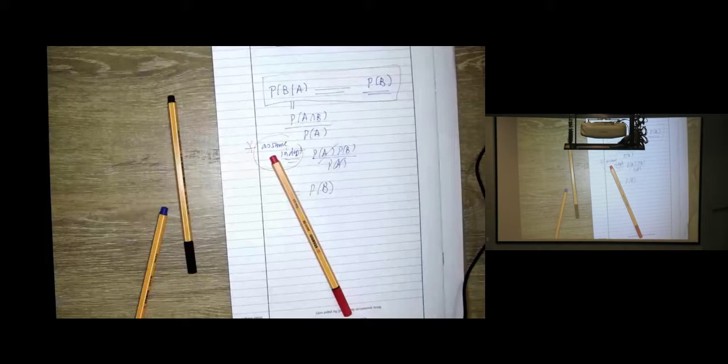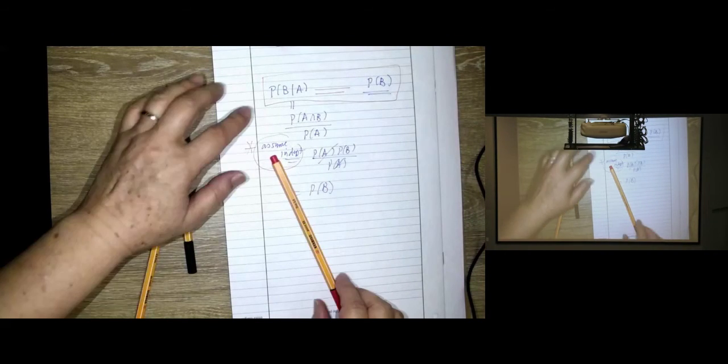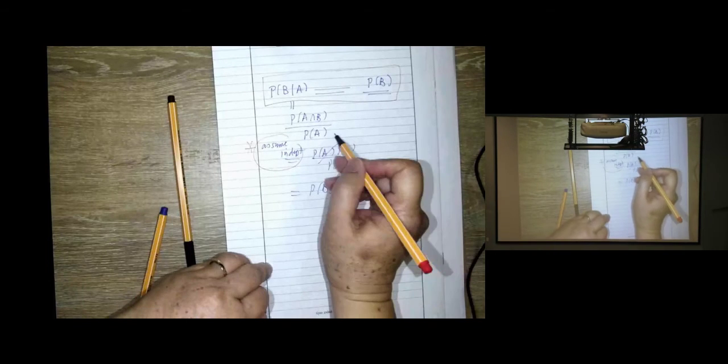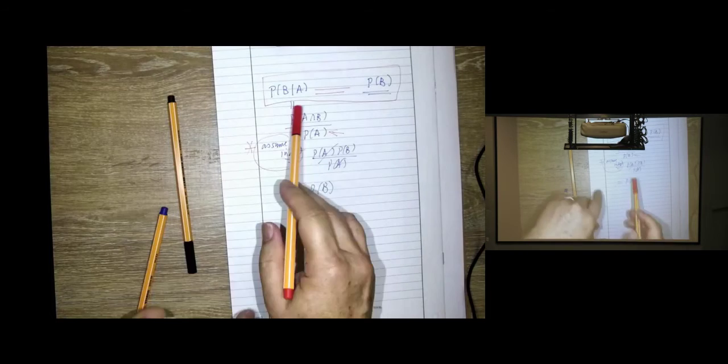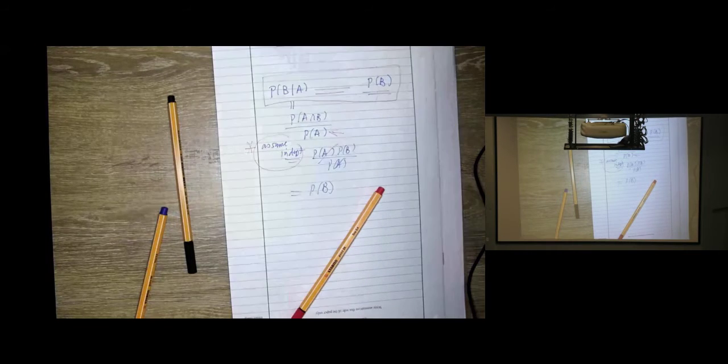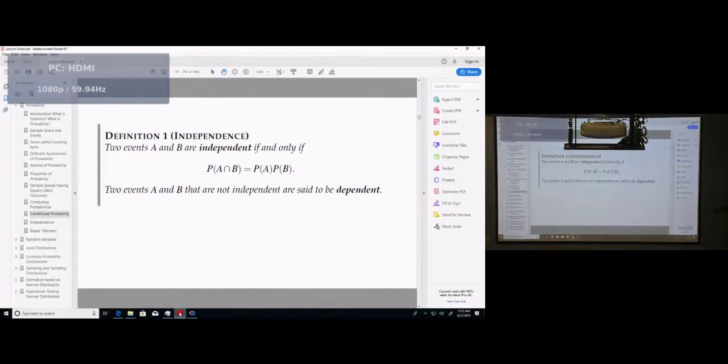Knowing whether A has happened or not has nothing to do with the way you assess the probability of B. Now, of course, this interpretation has a drawback, because here I have to assume the probability of A is positive in order to understand this. But the definition here is free from these conditions.